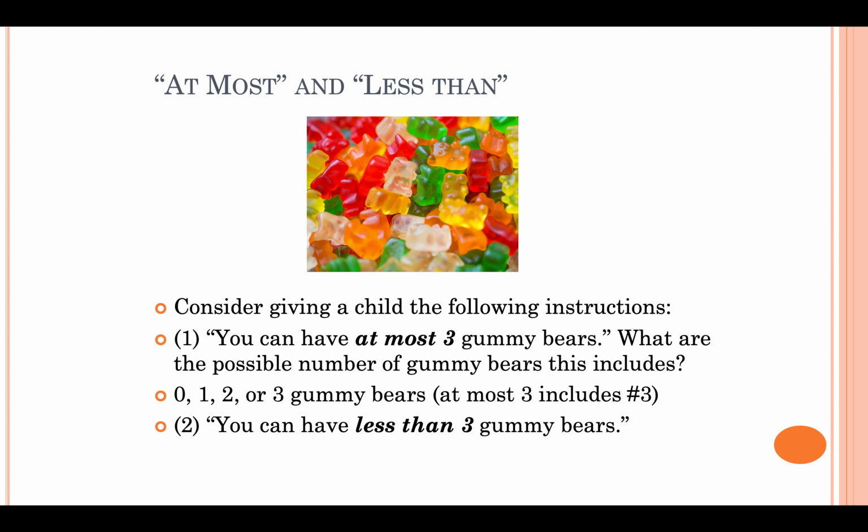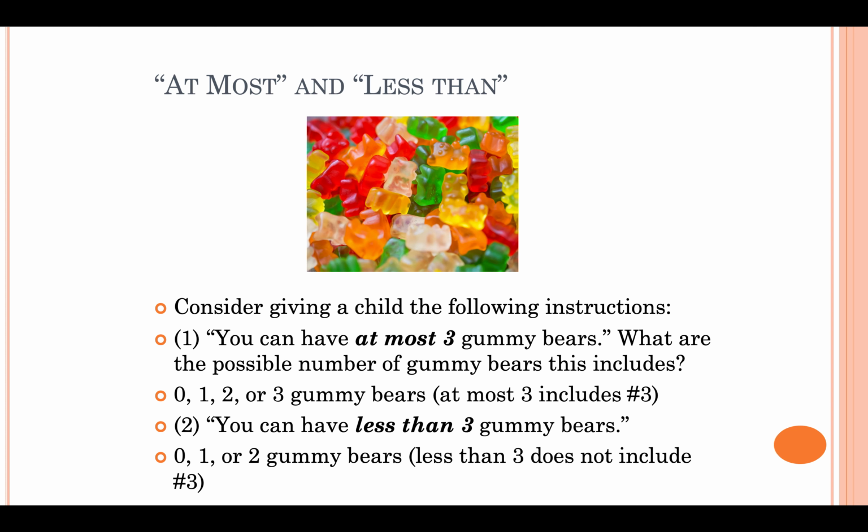Now if you tell a child you can have less than 3 gummy bears, the meaning of the phrase less than is different than at most, because less than does not include the number 3. So in this case, the possible number of gummy bears that satisfy that phrase would be 0, 1, or 2, because less than 3 does not include the number 3.